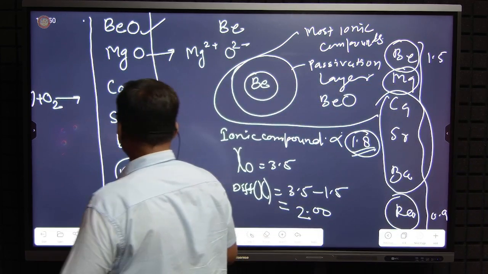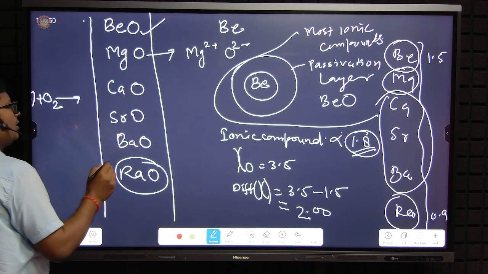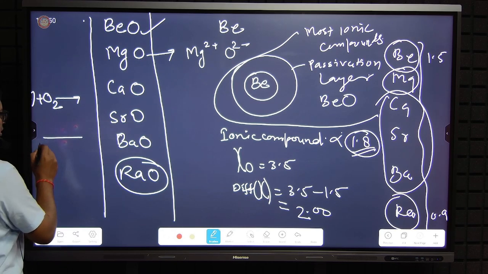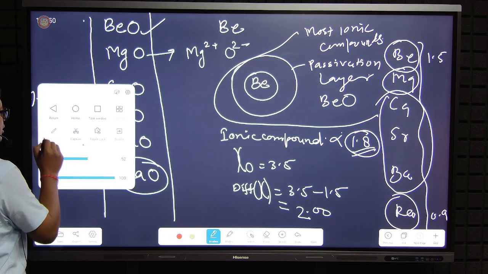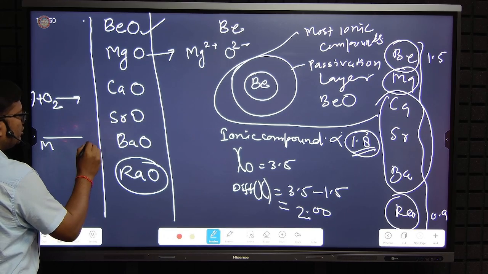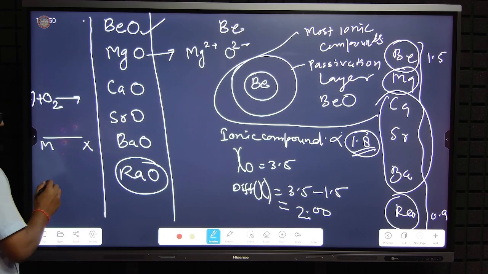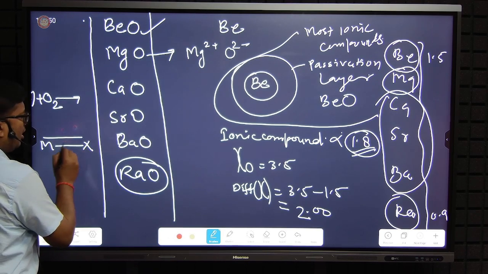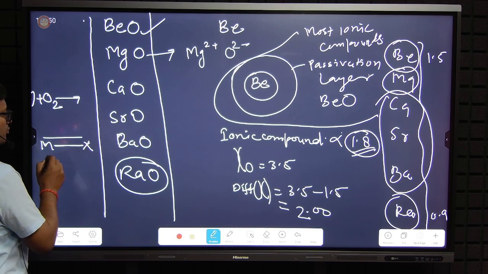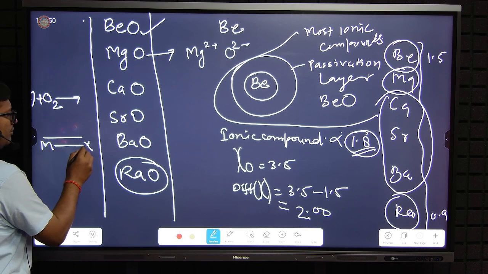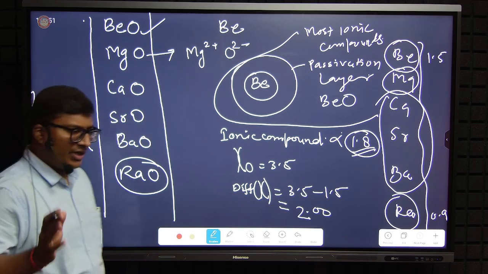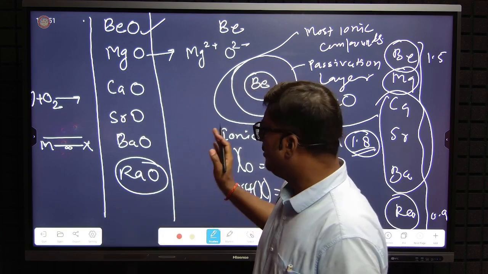Covalent character means the bond can be formed between two centers. First center is your metal, and another is non-metal. So suppose this is your X, that is non-metal. Then there will be a covalent bond, so sharing of electrons between these two centers. One electron from this and one electron from this. So there are two electrons, which is called a pair of electrons in a single covalent bond.